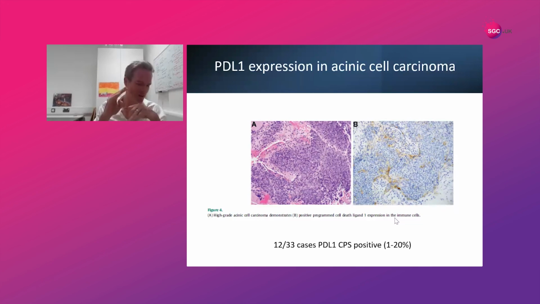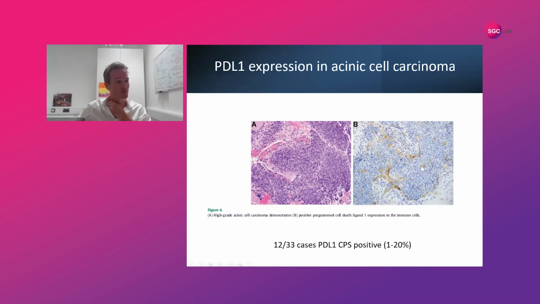This isn't really known for acinic cells, but in lots of cancers, it's considered that those that are PD-L1 negative don't tend to respond. Those that are positive, it depends how positive, and it depends on the tumor type. Anyway, there is data from acinic cell where this brown staining is the staining.